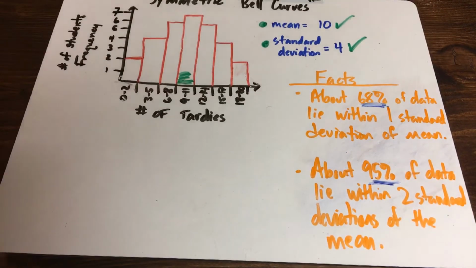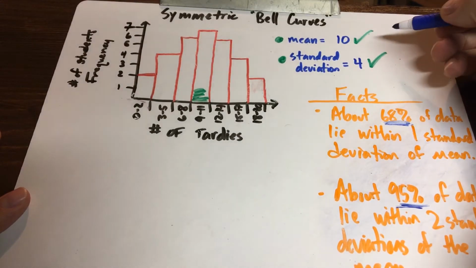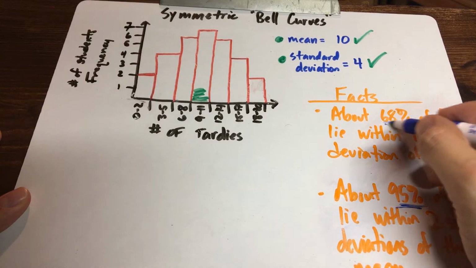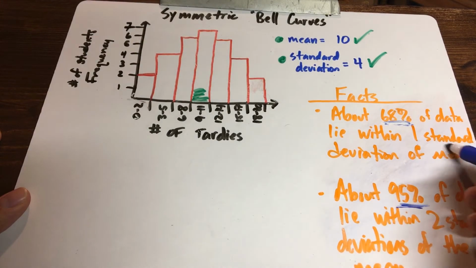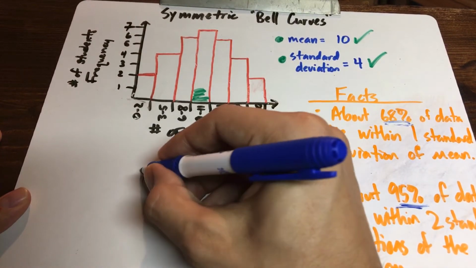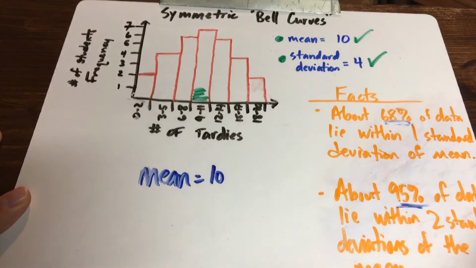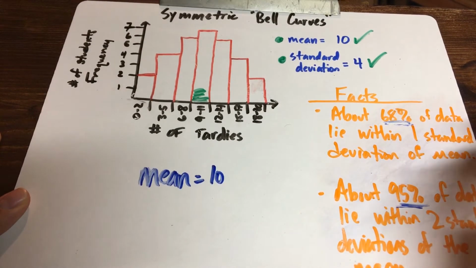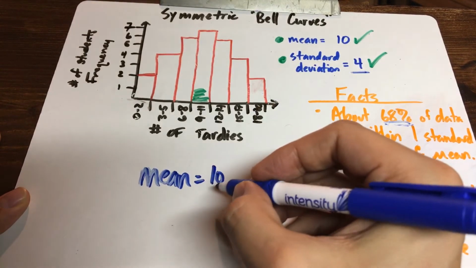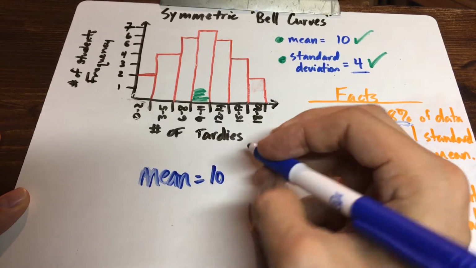So let me show you what that means. All right? So you see up here where I said the mean was 10, and then the standard deviation was 4. So if I said 68% of the data are within 1 standard deviation, if the mean is 10, and the standard deviation is 4, that would give me all the numbers that are 4 above and 4 below the number 10, right?